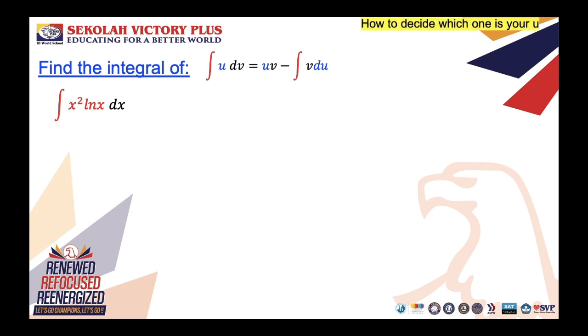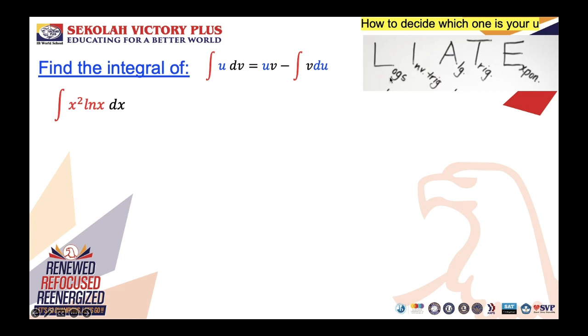Again, remember how to decide? This is the order of priority. Here we have an algebraic and a natural logarithm. According to the priority, we have to prioritize logarithmic first. Hence, our u should be ln of x. So du over dx, find the derivative to get du.